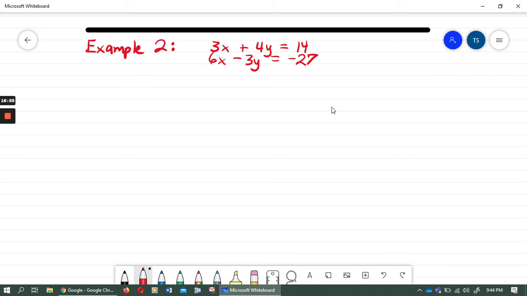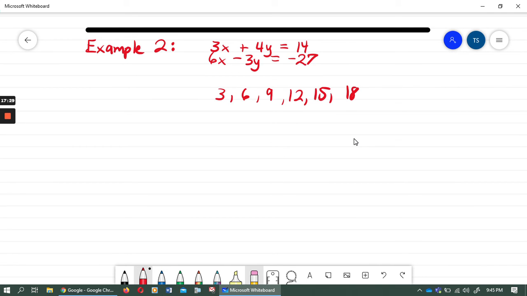If you look at these two numbers, 3 and 6, remember multiples of 3 are numbers like 3, 6, 9, 12, 15, 18. If you keep on going, it's like counting by threes. So the coefficients of that variable x are numbers such that one of them is a multiple of the other one.